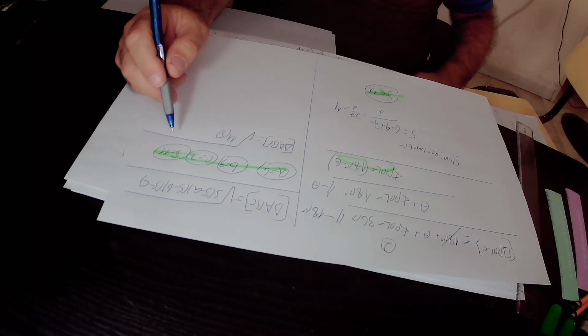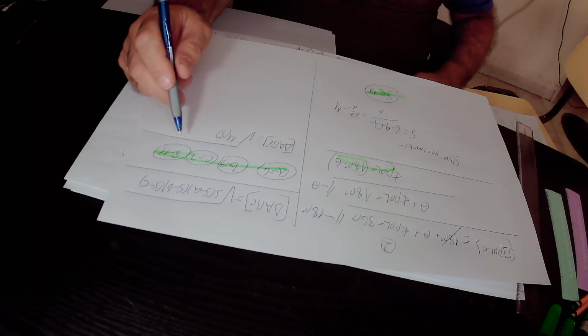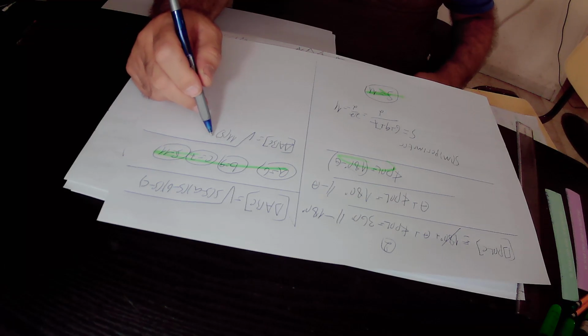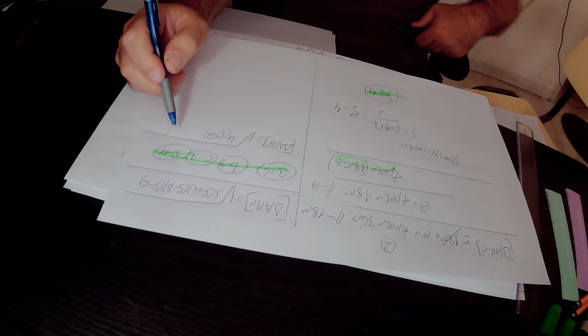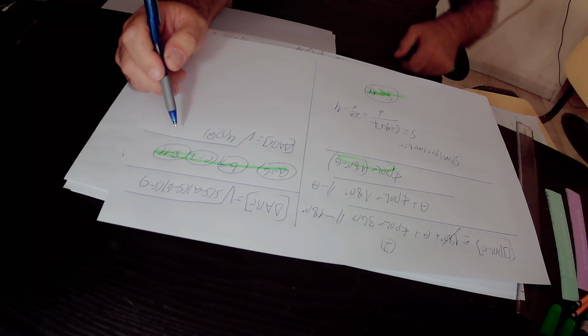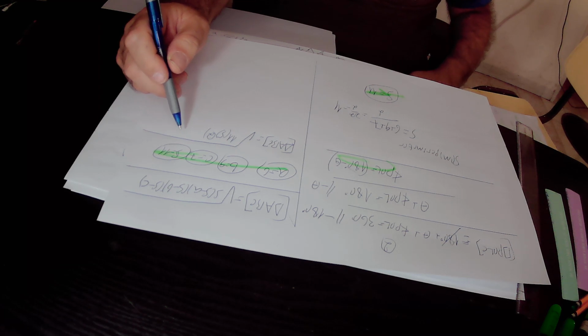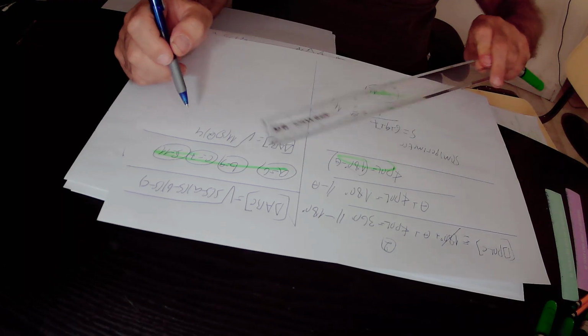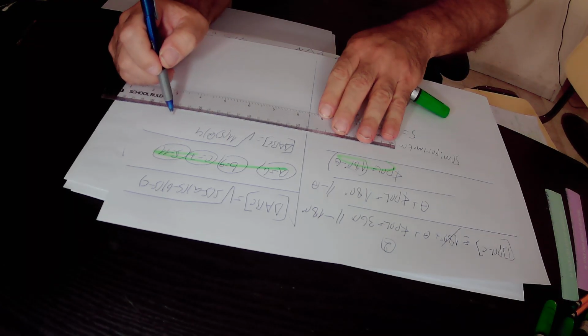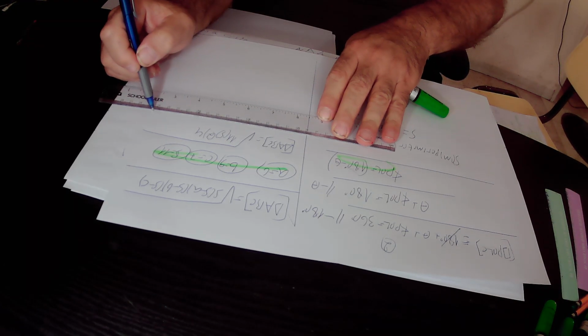Times S minus B, 11 minus 9, that is 2. Times S minus C, 11 minus 7, that is 4. So in total, the area of triangle ABC equals the square root of 11 times 5 times 2 times 4.